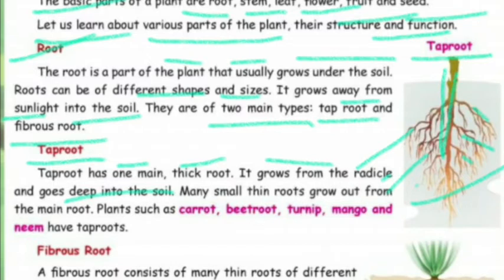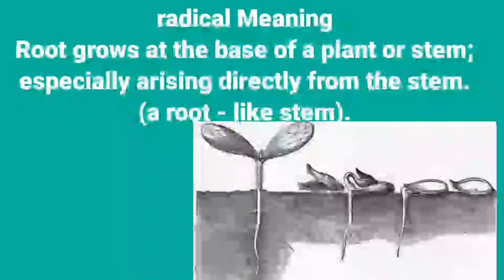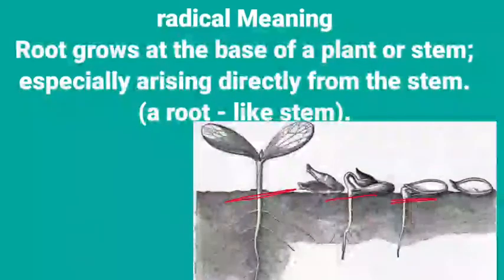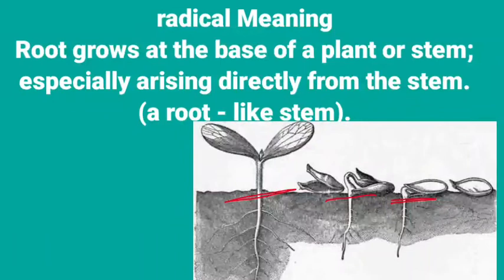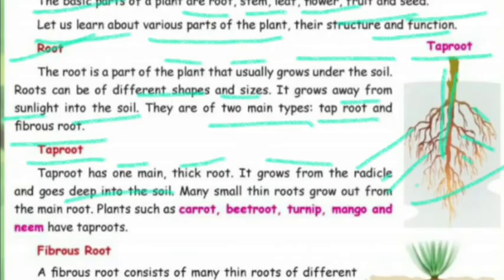Radicle is the root that grows at the base of a plant or at the base of a stem, arising directly from the stem. Children, it is root arising directly from the base of the stem, isn't it? It grows from the stem directly and goes deep into the soil.